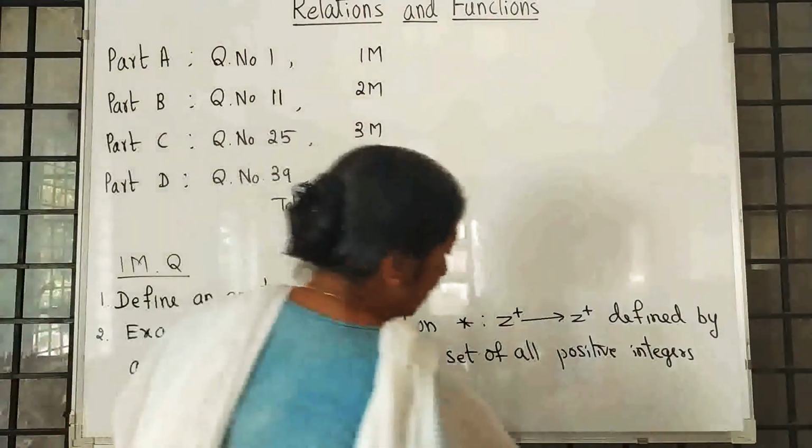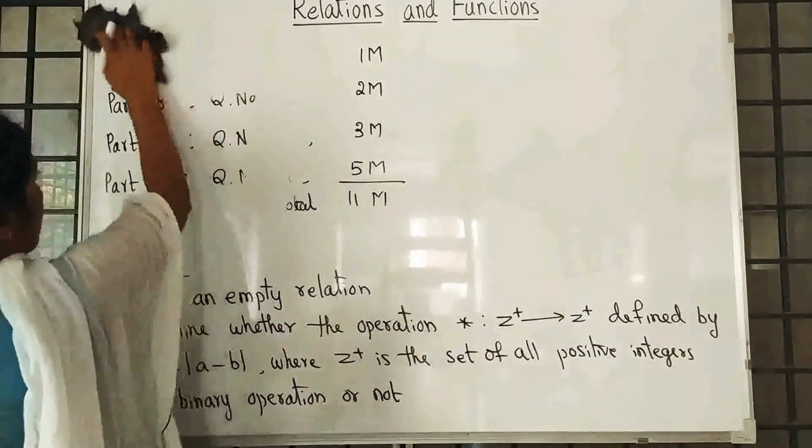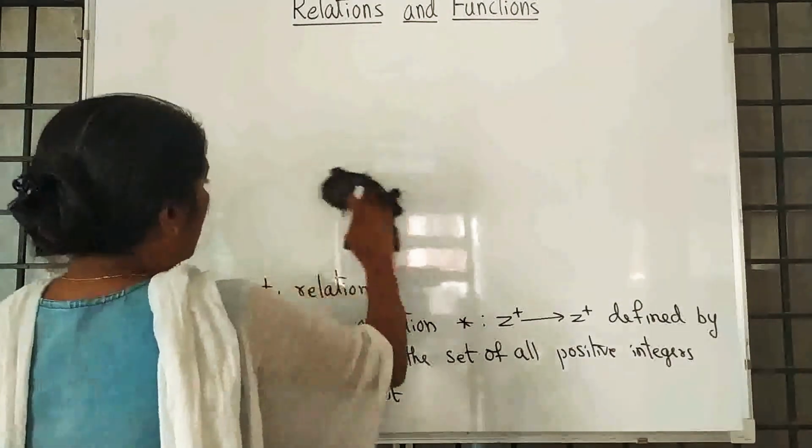Moving to the next question, that is the third one, in Part A, 1 mark expected questions.